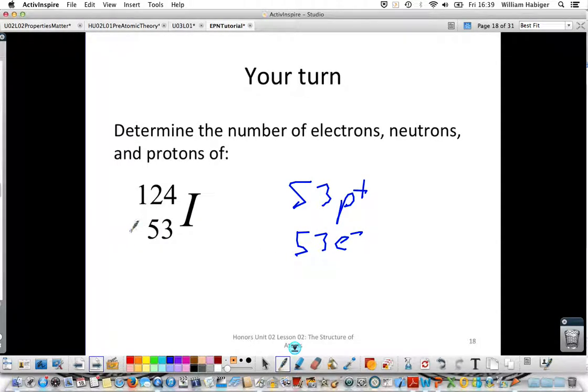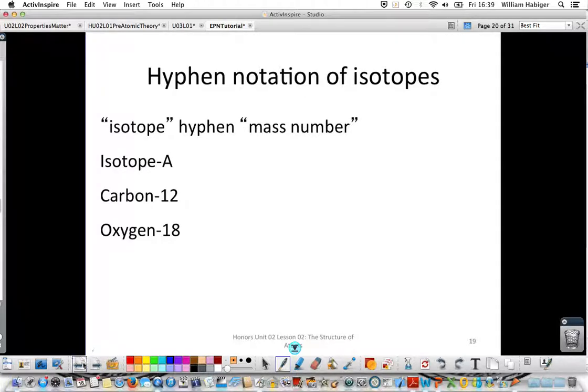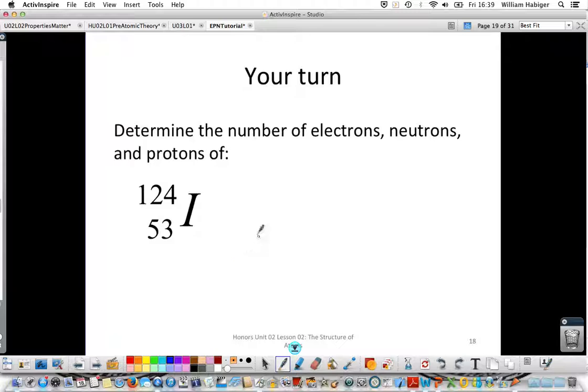We just subtract that 53 from the 124, and we get 71 neutrons. All right, and that's how you determine the number of protons, neutrons, and electrons.